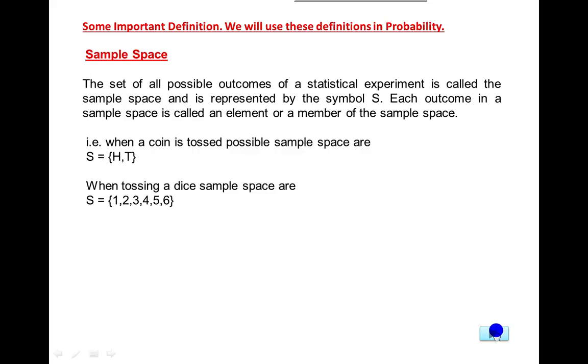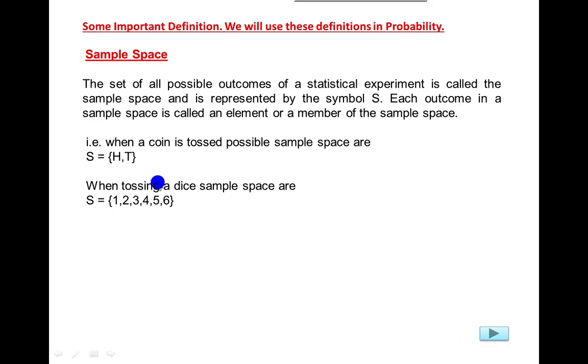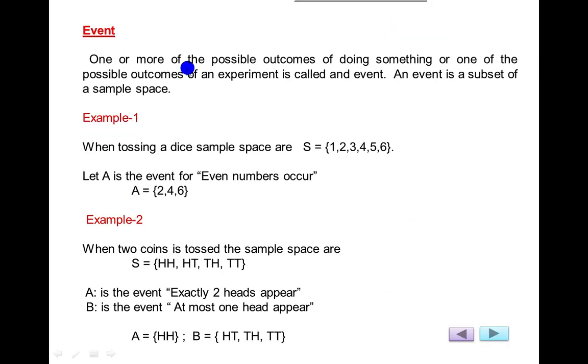And the next definition, event. In the sample space you have all outcomes, but in an event you have one or more of the possible outcomes of doing something according to the conditions, or one of the possible outcomes of an experiment.